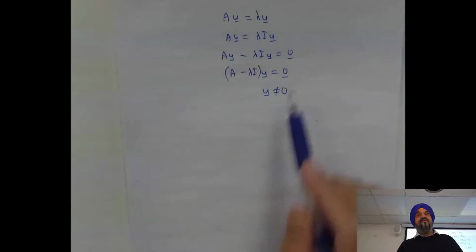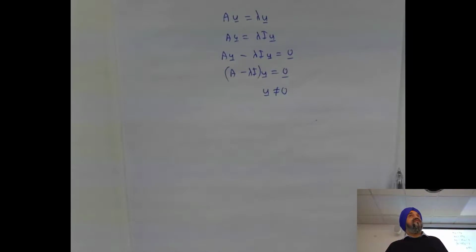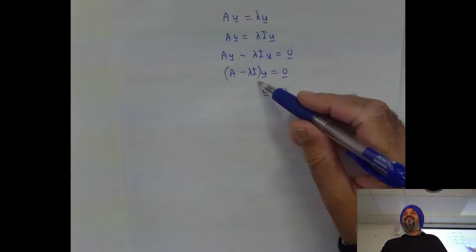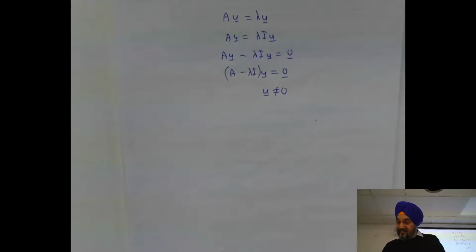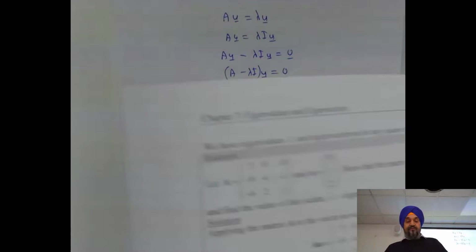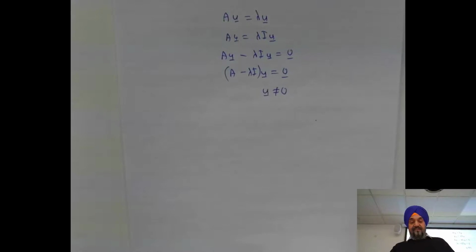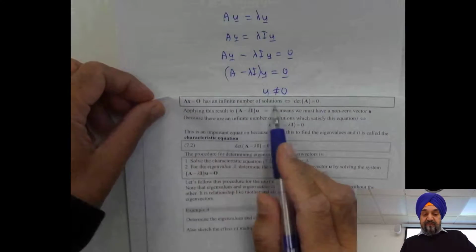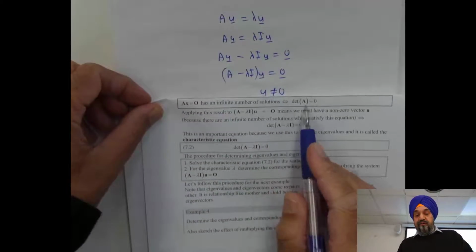Anyway, what must you have? You want this to have non-trivial solutions, so you don't want the 0 solution. It's where the determinant of that is equal to 0. If you go back to exercise 6C, you'll find that AX equals 0 has an infinite number of solutions if and only if the determinant of A is 0.